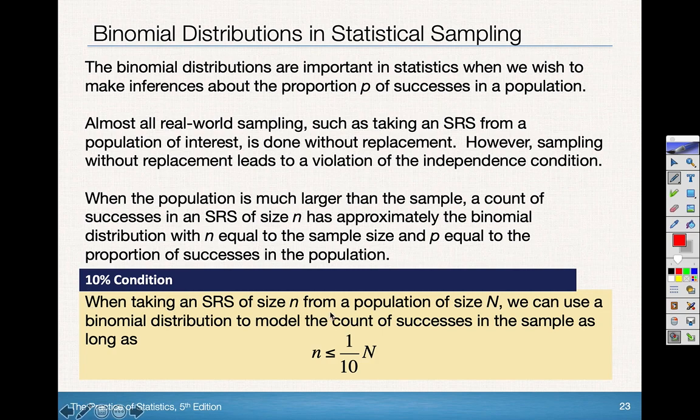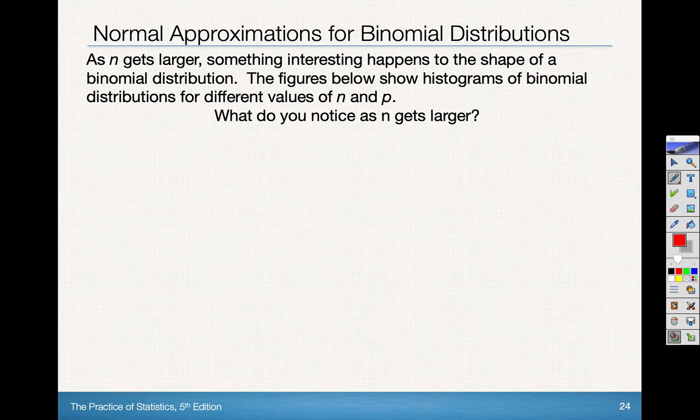So when taking an SRS of size n from population capital N, we can use a binomial distribution. Basically, we can assume the independence part of BINS is met if the population is 10 times larger than the sample. It's part of establishing the I in BINS. You're going to need it.